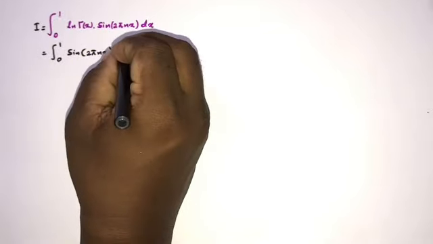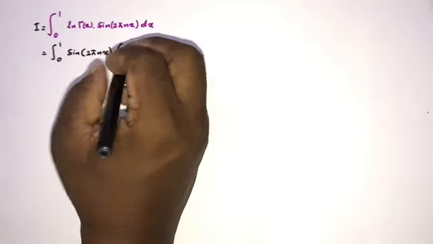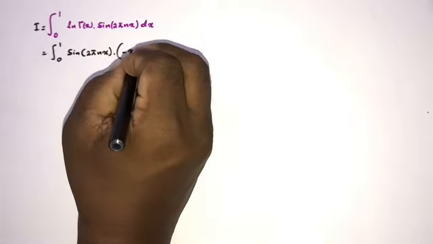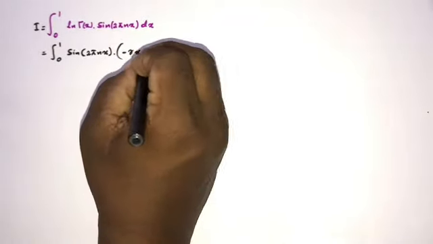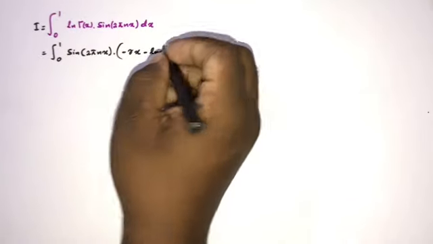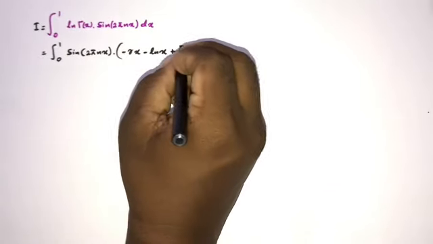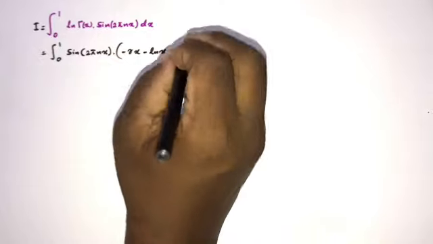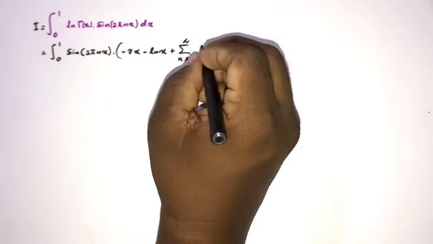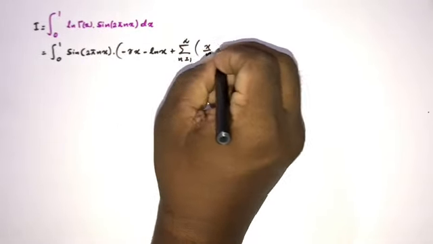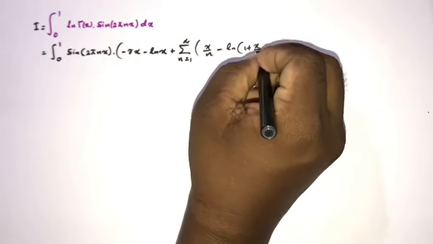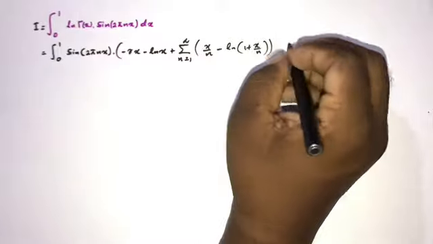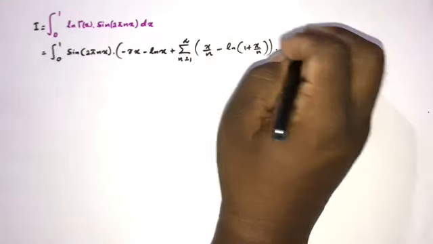We know the series representation of natural log of gamma of x is equal to minus gamma times x, where gamma is the Euler-Mascheroni constant, minus natural log of x plus the infinite sum, n equals 1 to infinity, of x over n minus natural log of 1 plus x over n, and here we have dx.